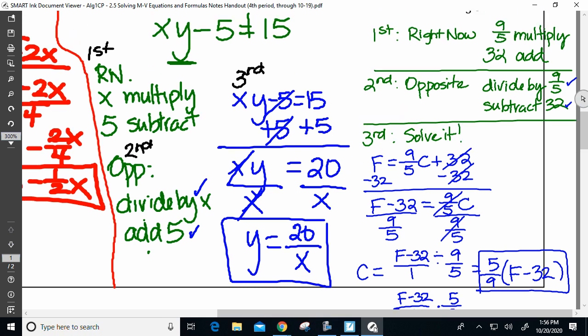All right, questions on example 6? Now, is this on our homework?